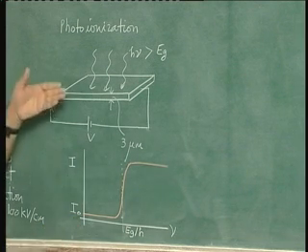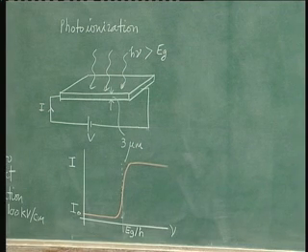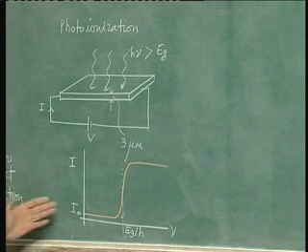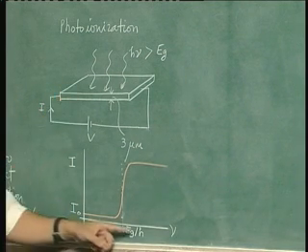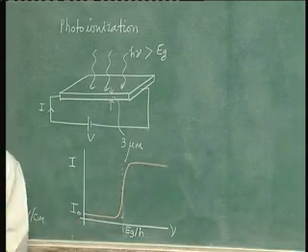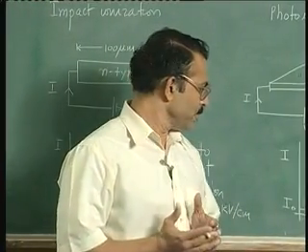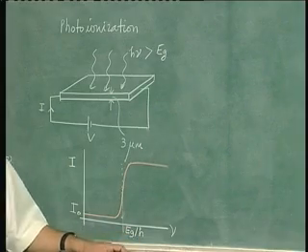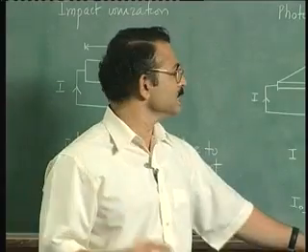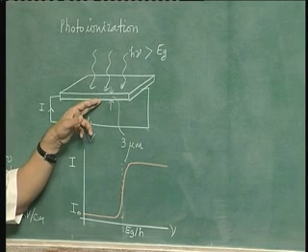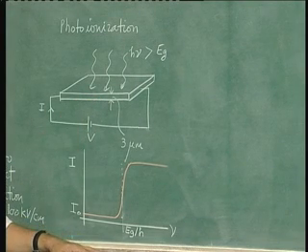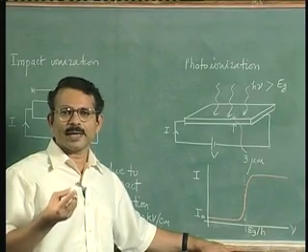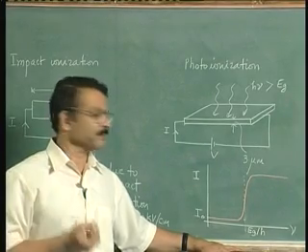Strictly speaking, dark means that the intensity of the light is 0, but here we are keeping the intensity of the light constant but the frequency is small, so that no electron hole pairs can be really generated. When the frequency exceeds this Eg by h, the energy of the photon which is incident on the sample is more than the energy gap, and so each photon can participate in breaking of a silicon bond and creating an excess electron hole pair.